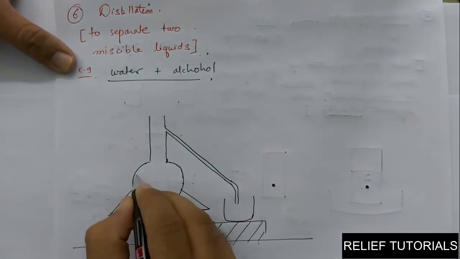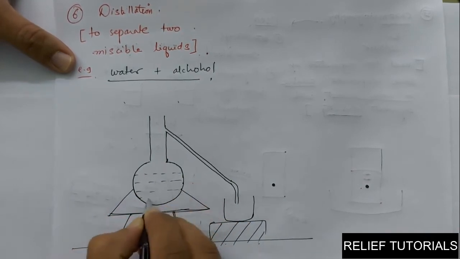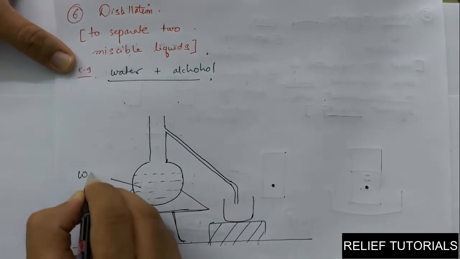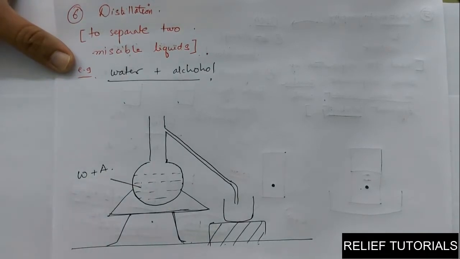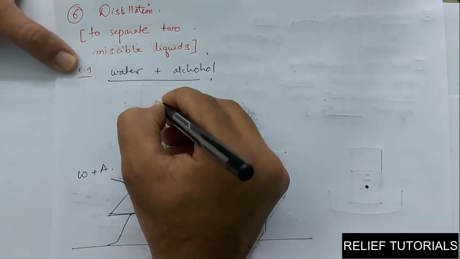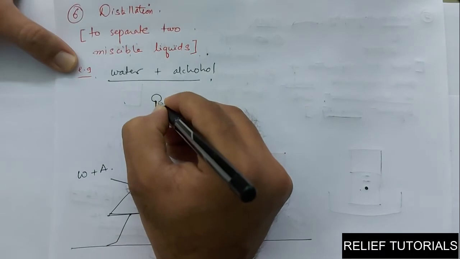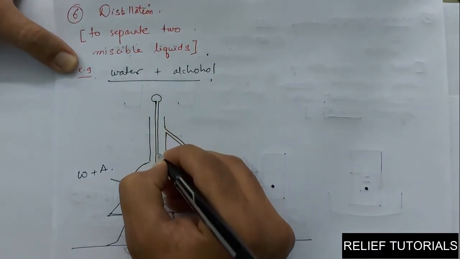Okay, the mixture is taken here in the flask. The mixture is of water and alcohol. Just to note the temperature, let us say this is the thermometer inserted.